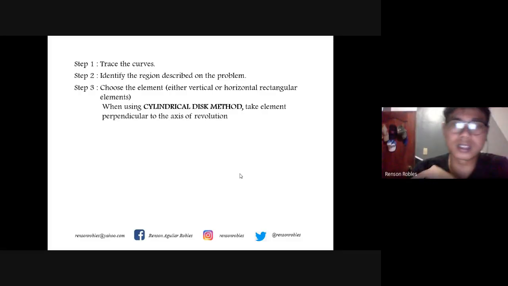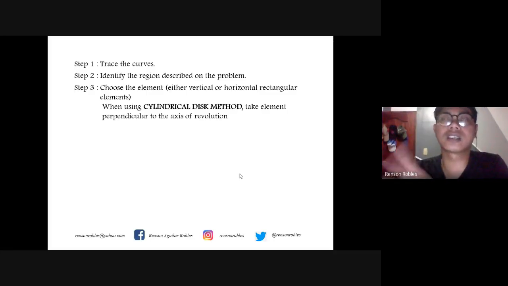Okay, and then on this part, we are taking the element perpendicular to the axis of revolution because this is the first method that I have introduced to you, and you are taking an element that is perpendicular. But after discussing the 3 methods, you have the free will on what method you're going to use. It's up to you.